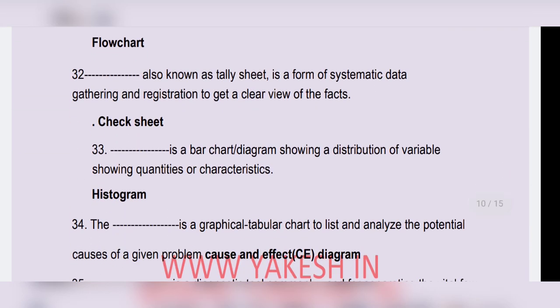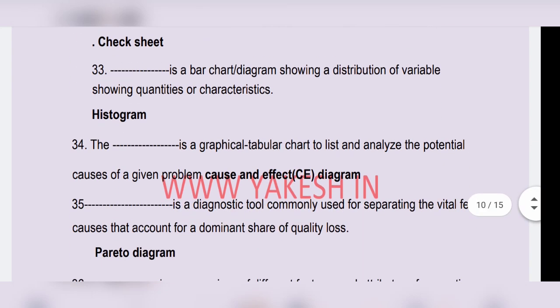Dash is also known as tally sheet. It is a form of systematic data gathering and registration to get a clear view of facts. Check sheet. Dash is a bar chart diagram showing a distribution of variable, showing quality. Option histogram.